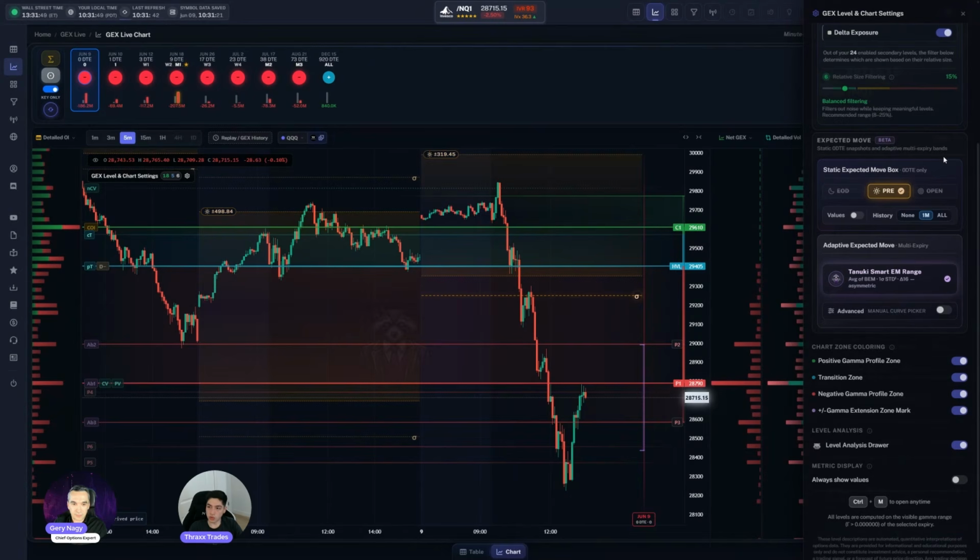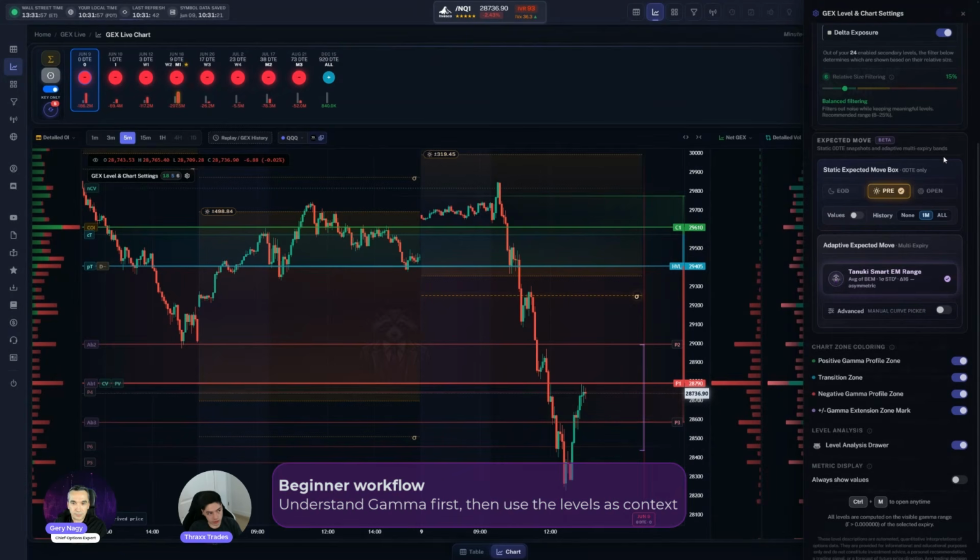So when it comes to just getting started as a futures trader, when you start getting into Gamma and GEX, a lot of futures traders, some of them may have come from options, but a lot of them have never traded options before. So the idea of Greeks is a totally foreign concept to them. It is important to at least understand what Gamma is, why platforms such as TanukiTrade actually exist, and what it's showing us.